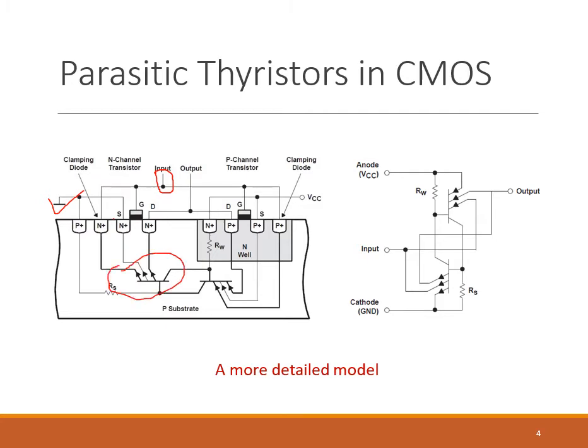Now triggering of this NPN transistor will cause the collector current to flow, that will again trigger this PNP transistor, and due to this, the collector current will flow through the collector of this PNP transistor, and again a latch is formed in that case.